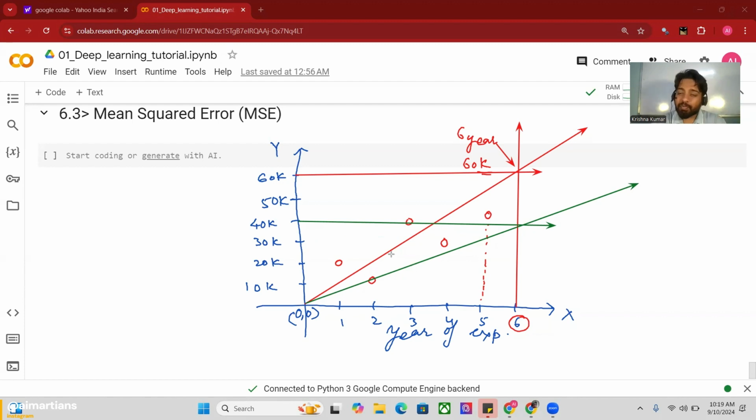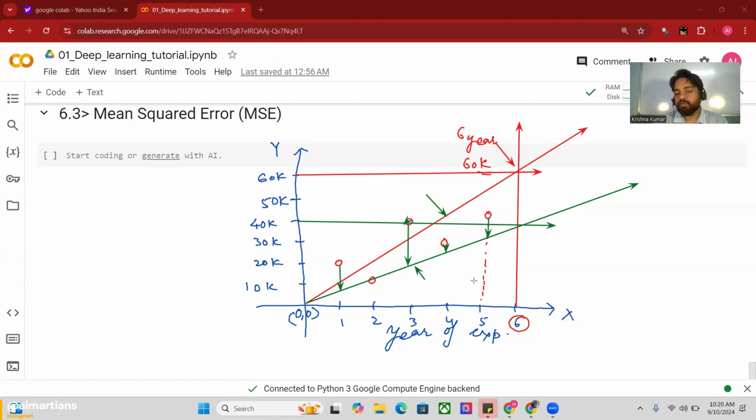The genuine approach is this, but because I'm a human, I can manipulate the thing. I created a line something like this, but this is not the right approach, because these data points are far from this line, okay? This is very far. So this data point is very far from this line, okay?